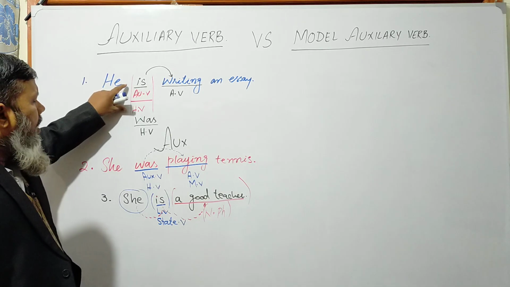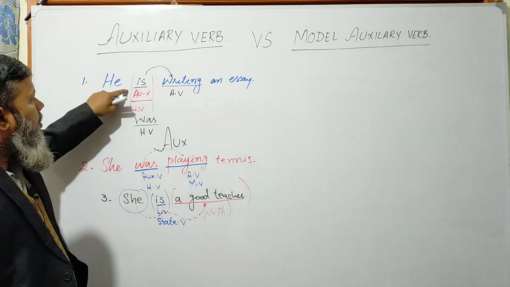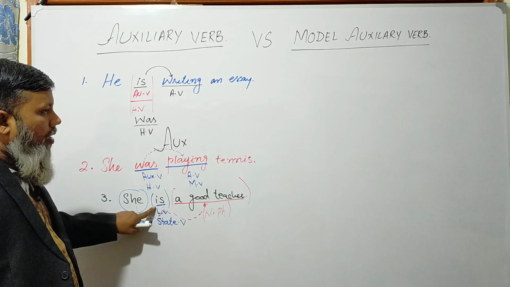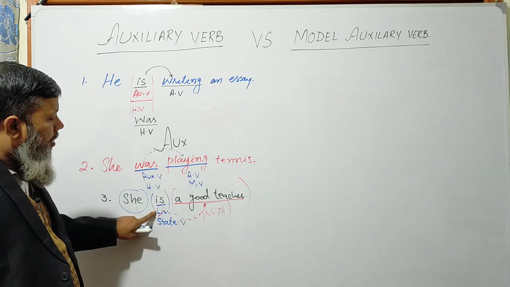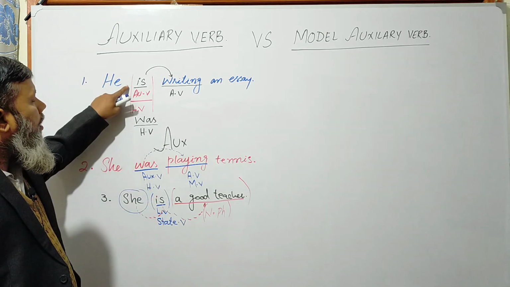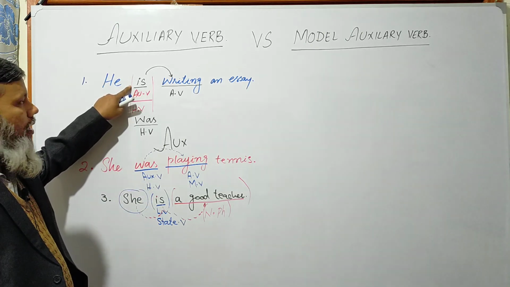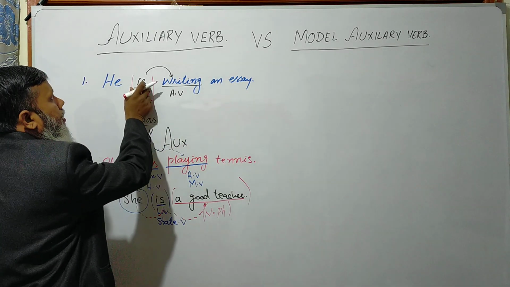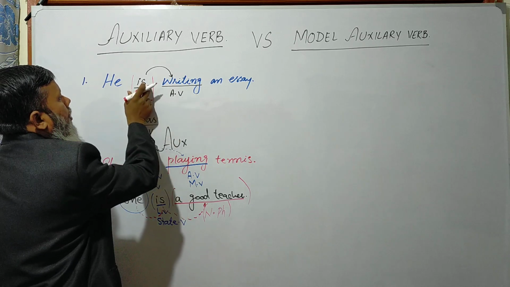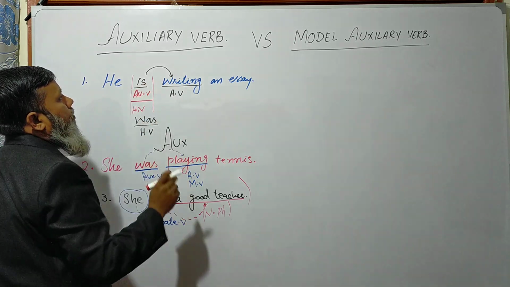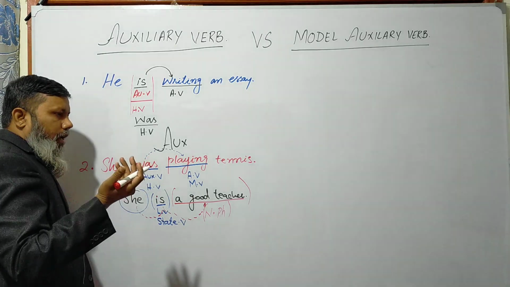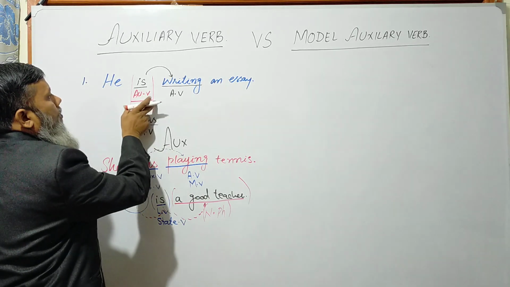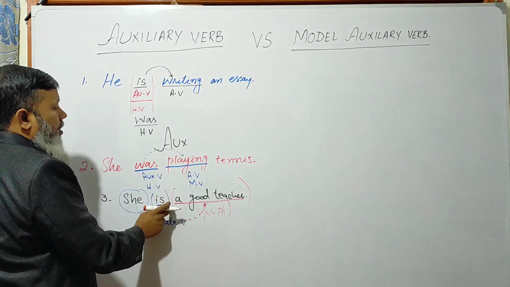Here, sorry, it is not an auxiliary verb, it is only a linking verb or a state verb. Why? Because an auxiliary verb supports the main verb. There are many verbs you can use as a helping verb. So that one is a helping verb, but this is not a helping verb.